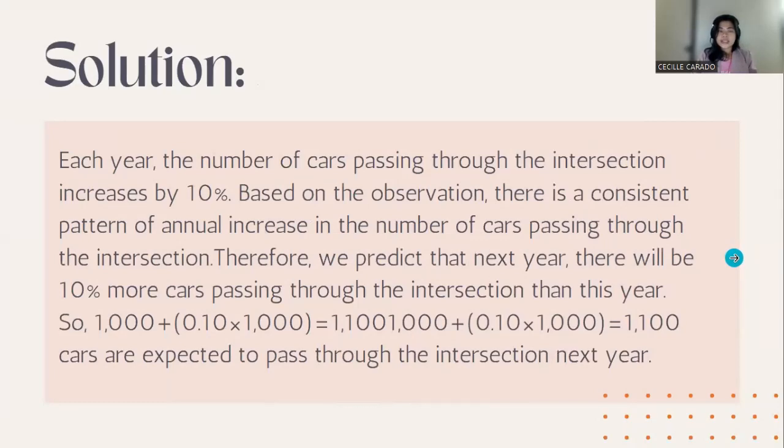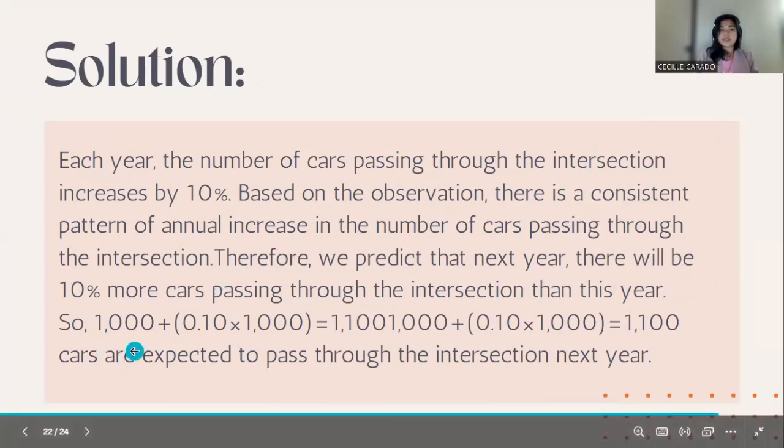Solution: each year, the number of cars passing through the intersection increases by 10%. Based on the observation, there is a consistent pattern of annual increase in the number of cars passing through the intersection. Therefore, we predict that next year there will be 10% more cars passing through the intersection than this year.